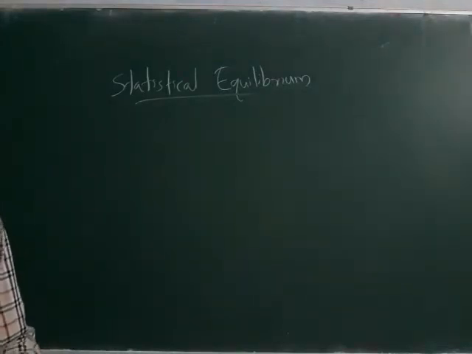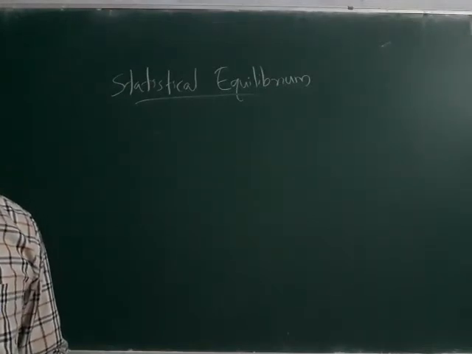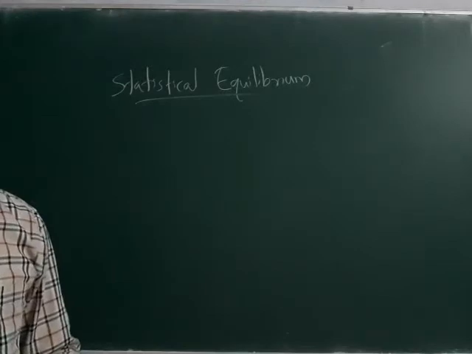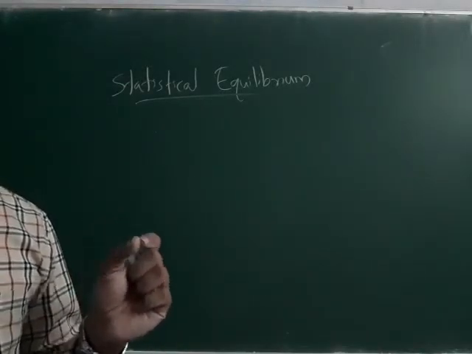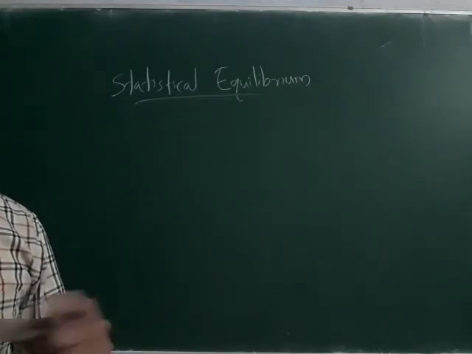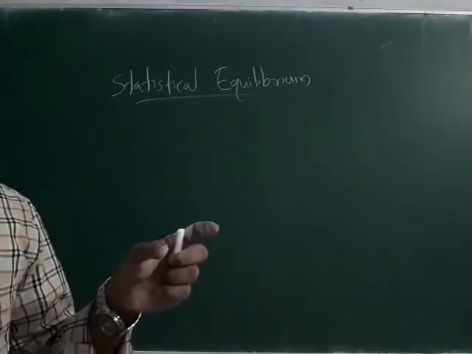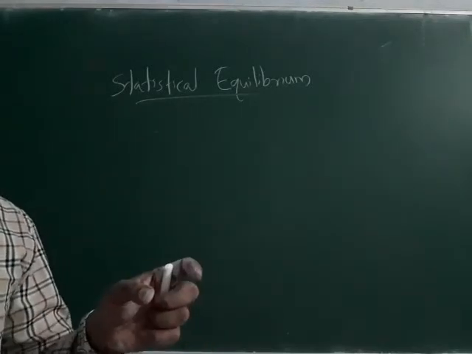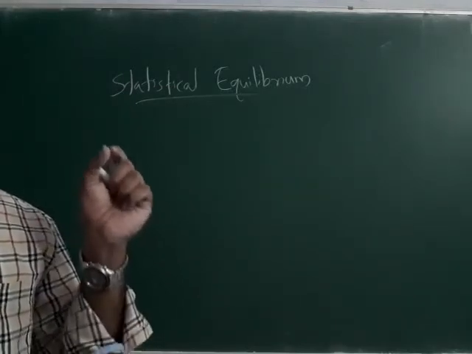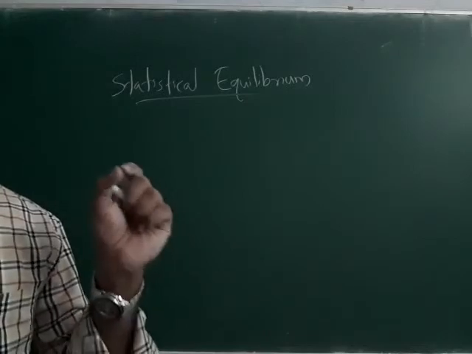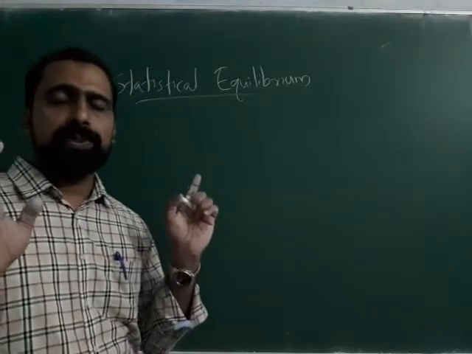So I'll just repeat the definitions. There are different definitions. First, a state in which the probability distribution of states remains constant over time. And the second, a state of a closed statistical system in which the average values of all the physical quantities characterizing the state are independent of time.